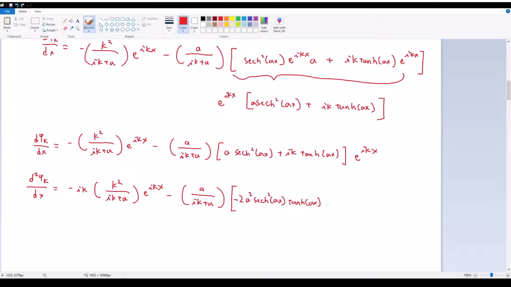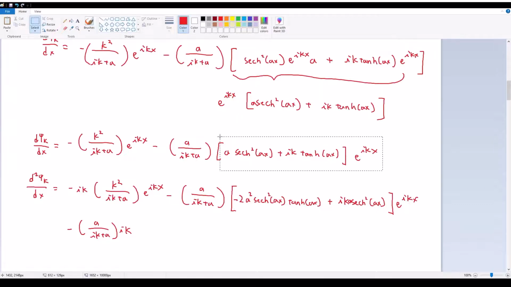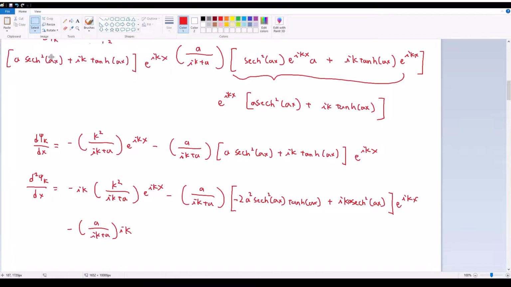And then we're adding ik times hyperbolic secant squared ax, and then we're adding a factor of a at the front, and then multiplied by e to the ikx, and then we're subtracting a over ik plus a times another factor of ik, and then multiplied by everything here. So we're just doing product rule here.